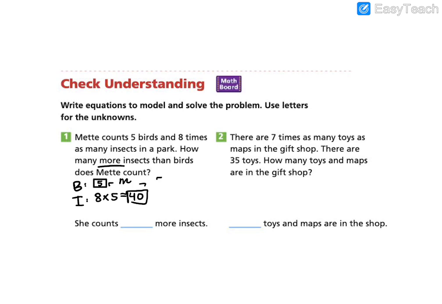So we know our 5 birds plus some amount more will equal our 40 insects. We can write our inverse operation. So how many more insects does she count than birds? She counts 35 more insects.